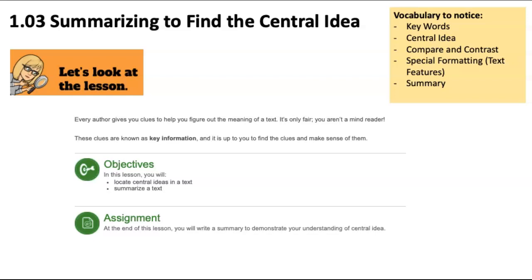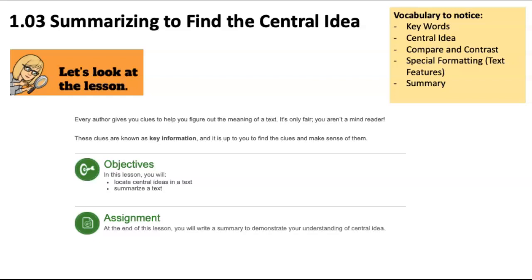These clues are known as key information, and it's up to you to find the clues and make sense of them. Authors use keywords and phrases to point out important stuff they want you to know. Just like titles, keywords and phrases give you key information to help you understand what's going on as you read.